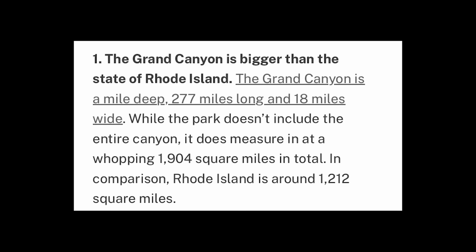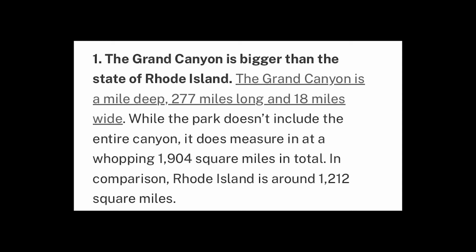Now here's a few facts about the Grand Canyon, and pay attention to some of the facts that I'm about to point out. As it says, the Grand Canyon is bigger than the state of Rhode Island. The Grand Canyon is a mile deep, 277 miles long, and 18 miles wide. That's pretty big.